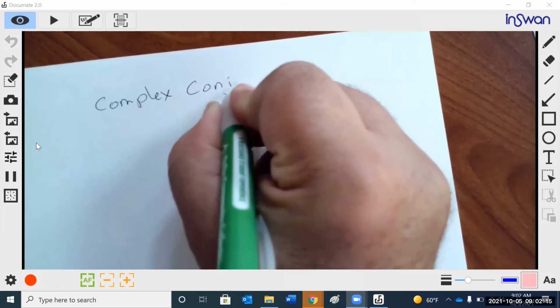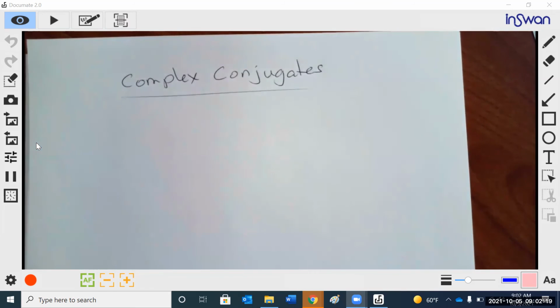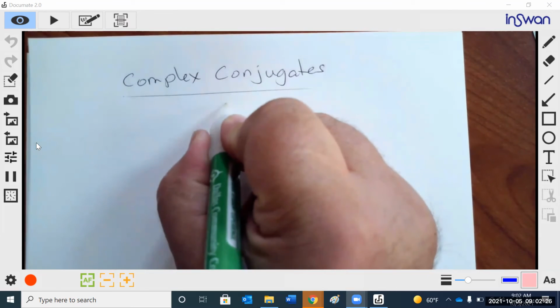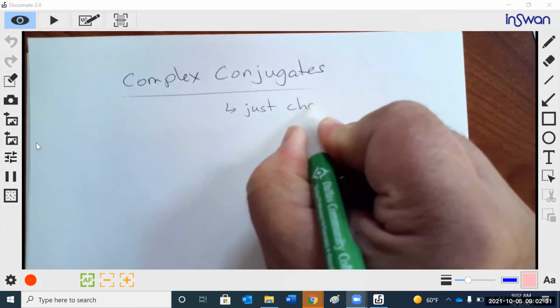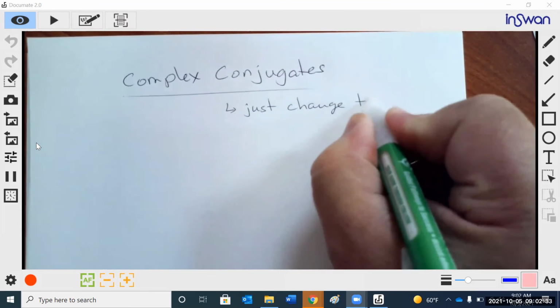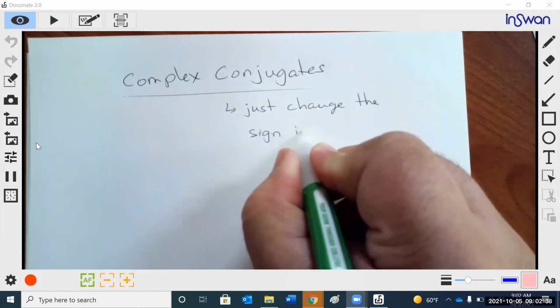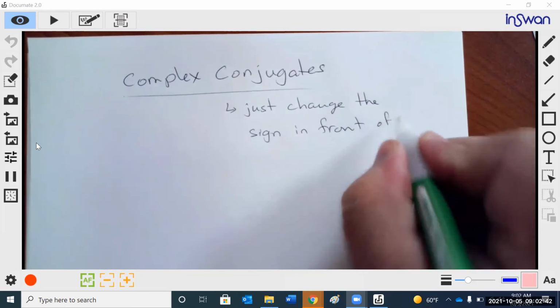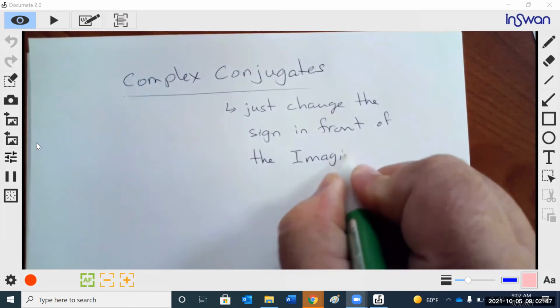Complex conjugates. Just change the sign in front of the imaginary term.